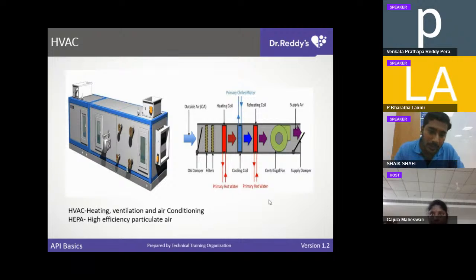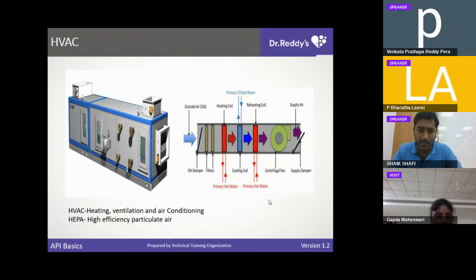Again, I am telling about the heating coil. In winter season, or in very cold places, the general air will be at 10 or 12 degrees. If you take that air inside, we need to maintain some product conditions also. That's why we need to heat that air, and for that purpose the heating coil is there.